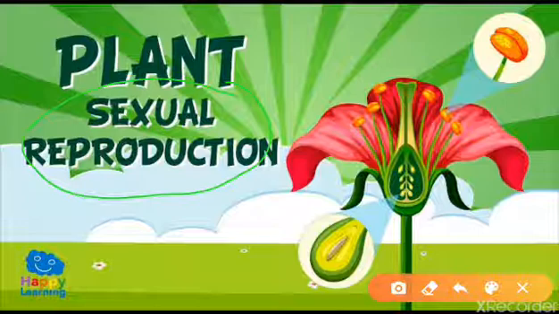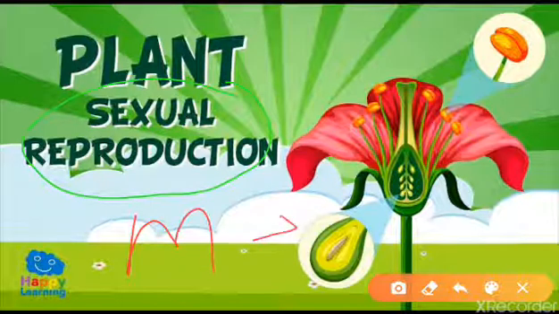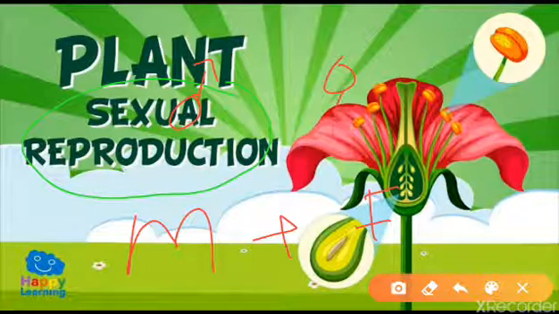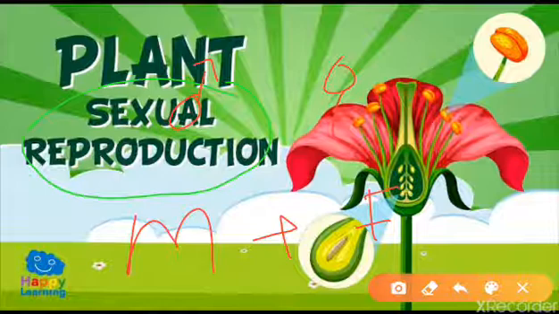Just like that, sexual reproduction is also a process of producing a new organism by the fusion of male plus female gamete. When the male gamete fuses with the female gamete, it will produce an organism of the same species. So this is called sexual reproduction.